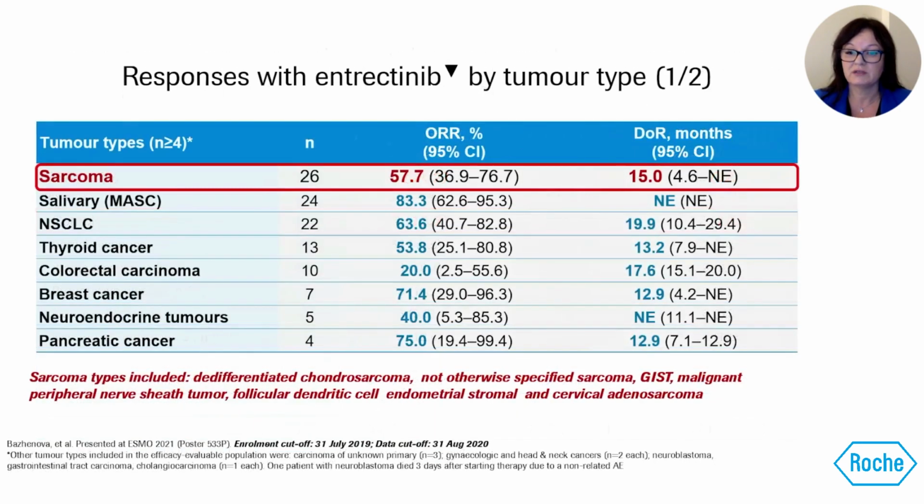Responses with entrectinib by tumor type: for sarcoma, the number of patients was 26, and the overall response rate was 57.7%. Duration of response was 15 months. The sarcoma types included are listed here.